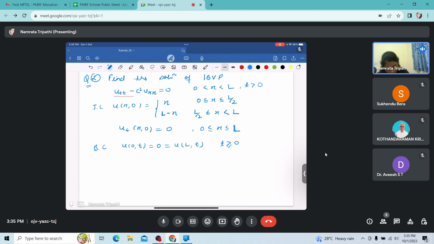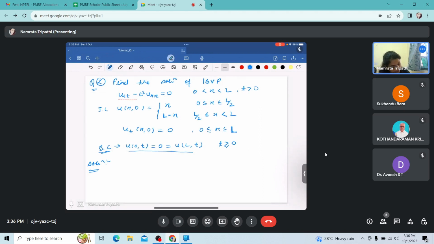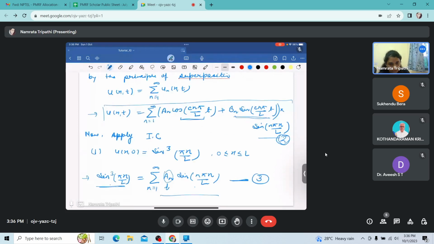So how to solve this problem? The boundary condition is similar to question number 1. Fine. So can we write the solution? Can we write equation 2 directly from equation 1 of question 1?